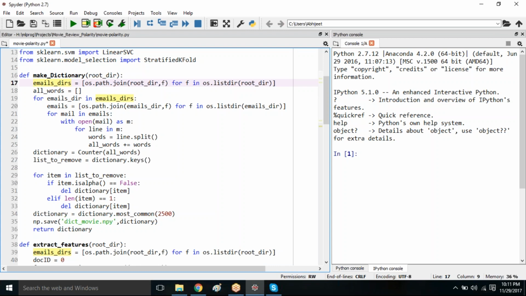That was a different thing, about whether your email is of positive sentiment or negative.